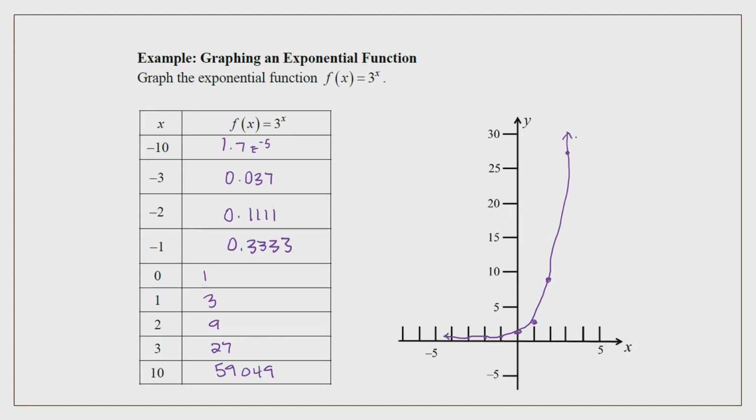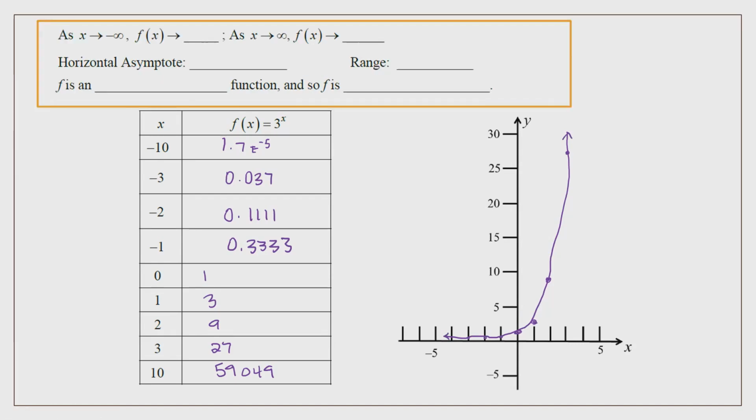Alrighty. Now that we've graphed this function, let's answer some descriptions for this graph. As x approaches negative infinity, it gets smaller and smaller, f of x is approaching 0. So it's getting closer and closer to the x-axis.